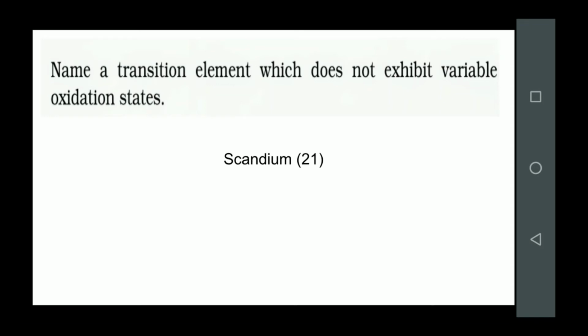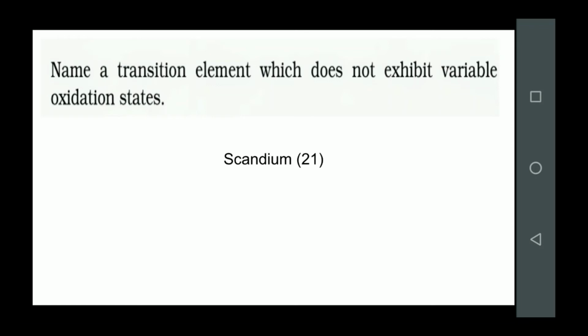So for being a transition element, the element must possess incompletely filled d orbitals. That is, the number of electrons in d orbitals will range from 1 to 9. So if any element has from 1 to 9 electrons in its penultimate d orbital, it is a transition element, otherwise it is not.